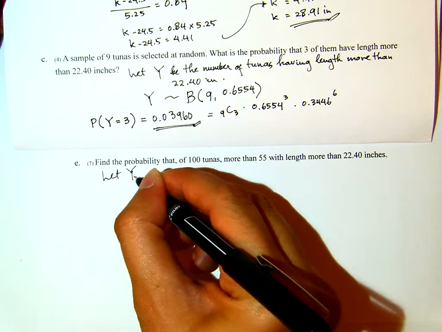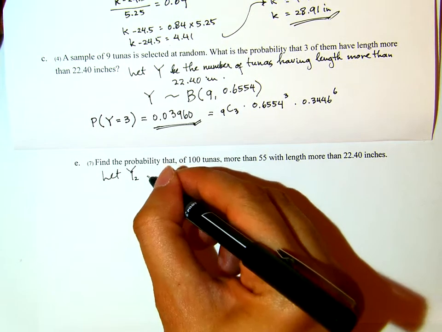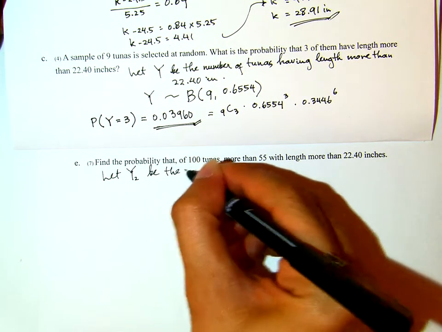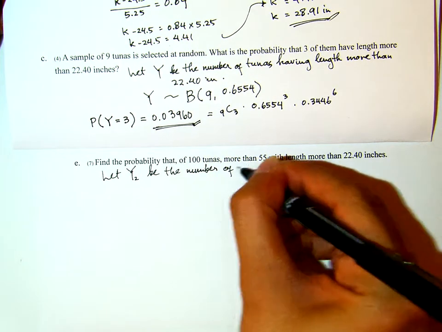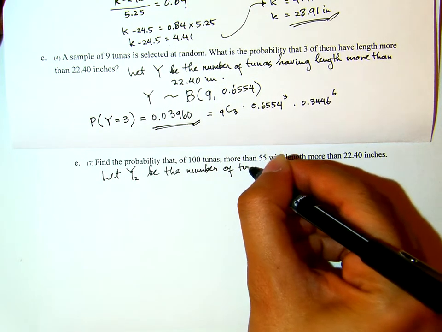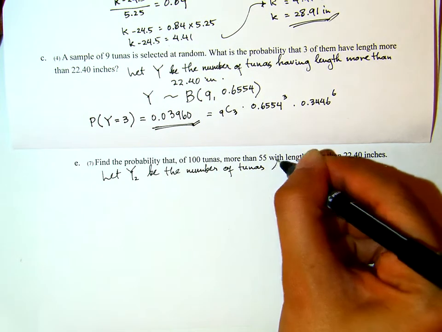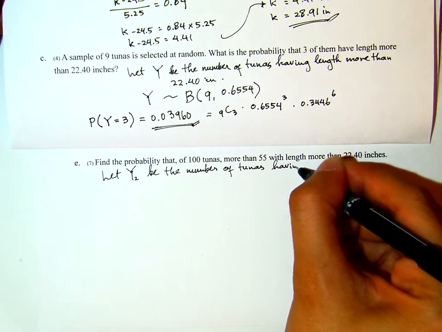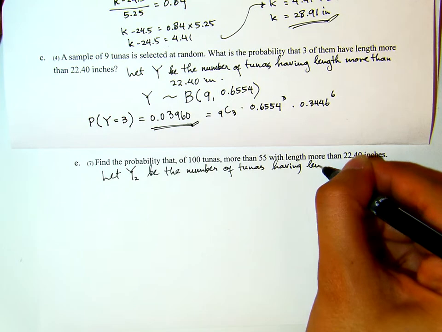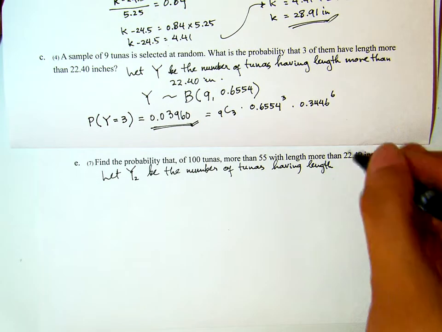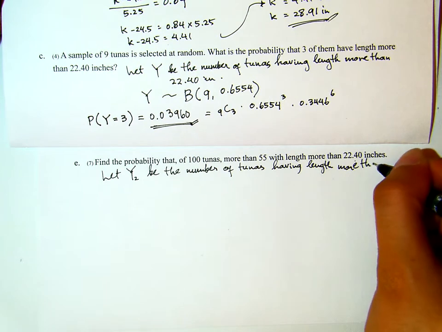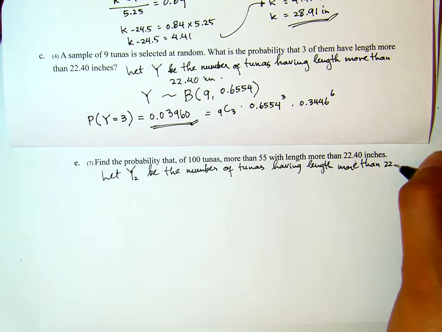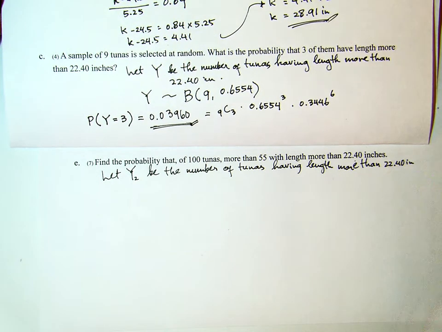Let y2 be the number of tunas having length more than 22.40 inches.